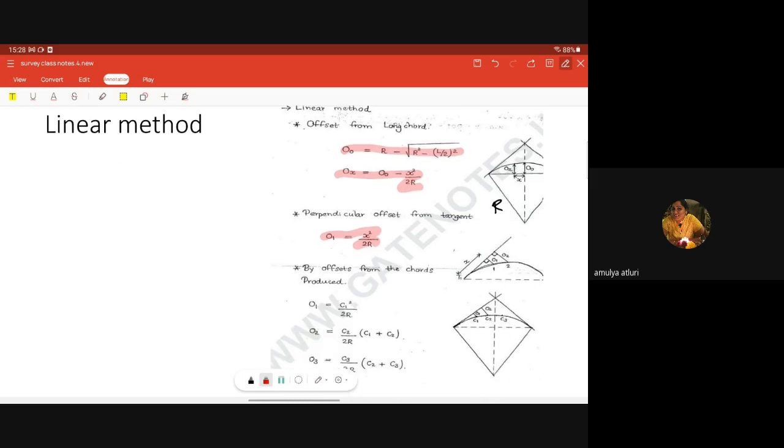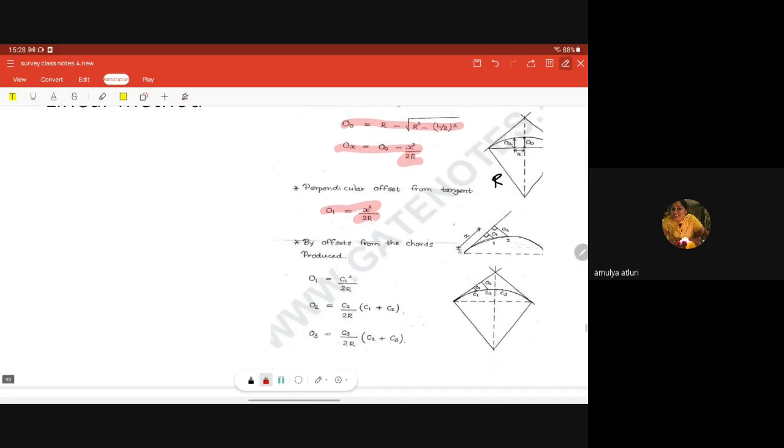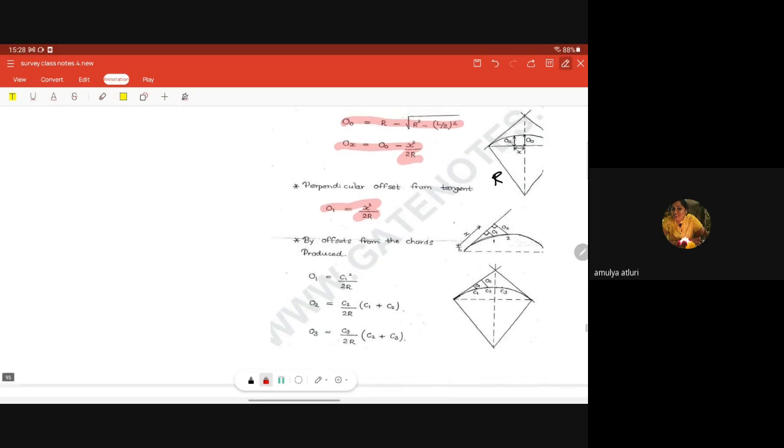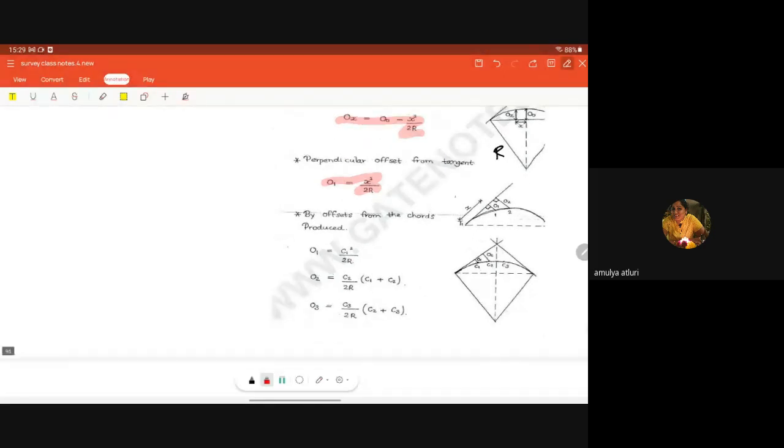Then O1 is equal to X squared by 2R. So you can see O1 is C1 squared by 2R, O2 is C2 by 2R into C1 plus C2, and so on.